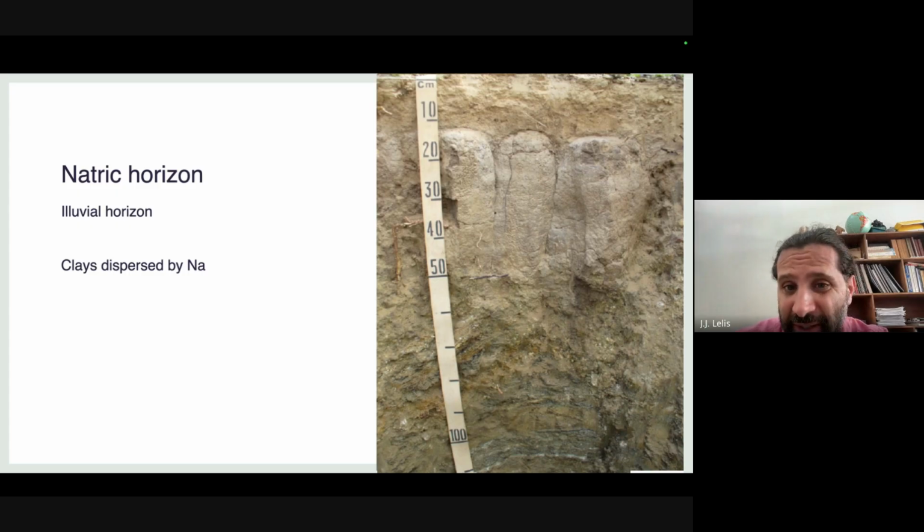As I said, the criteria that fit all the details and check all the rules, you don't need to memorize, because you can and you should check every time that you are describing a soil. Okay, but of course, it's quite important at least to memorize the definition or which kind of environment or which kind of process are more connected to each of these horizons. Okay, so this is really, really important.